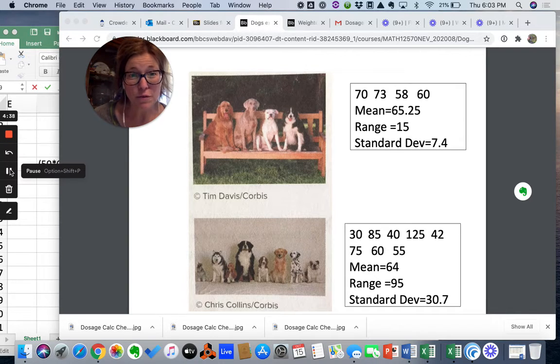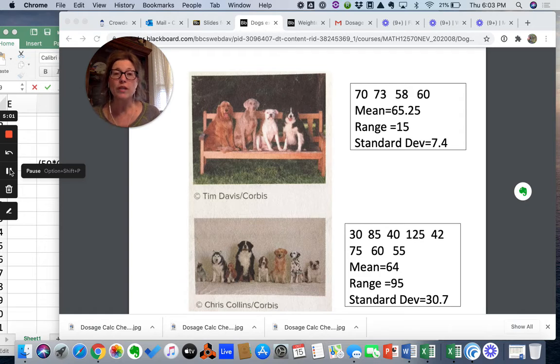Now, it'd be good to note that there are actually two different types of standard deviation. Remember when we were talking about gathering samples and population and things to do with statistics? Well, there's a sample standard deviation and a population standard deviation, and they're slightly different.